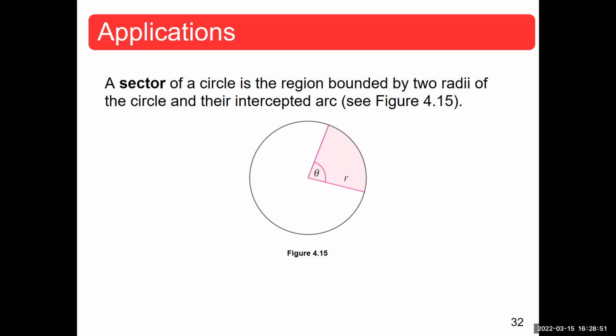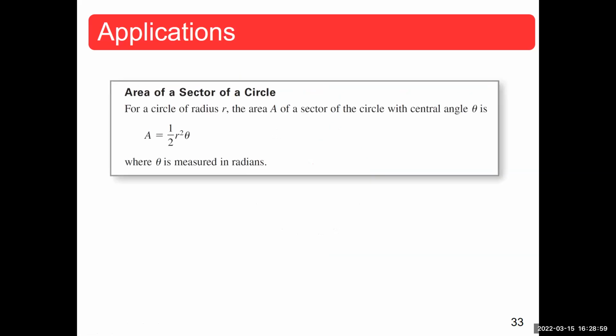Well, we'll talk about the angular speed later. Let's talk about the area of a sector. The area of a sector is given by this formula.